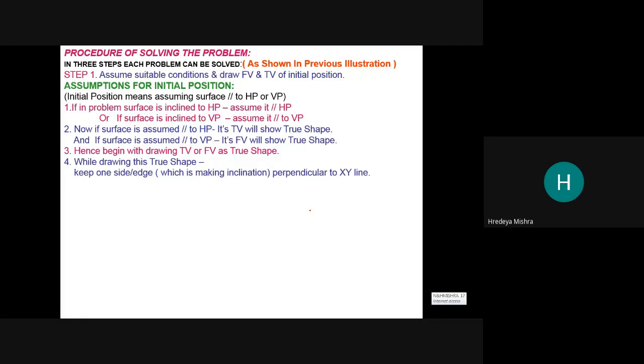Now, while drawing the true shape, keep one side or edge which is making the inclination perpendicular to the XY line. If a side inclination is given, then we can draw it perpendicular to the XY line.